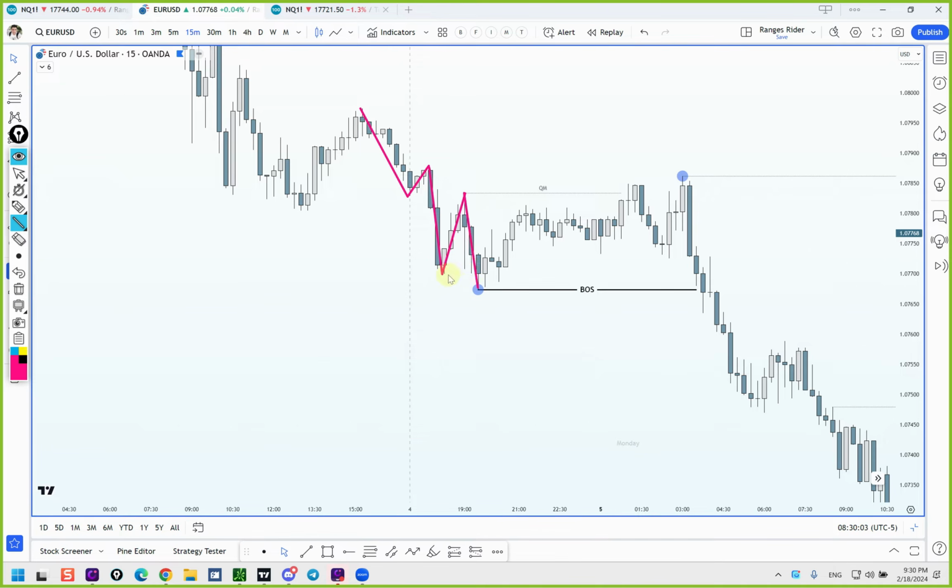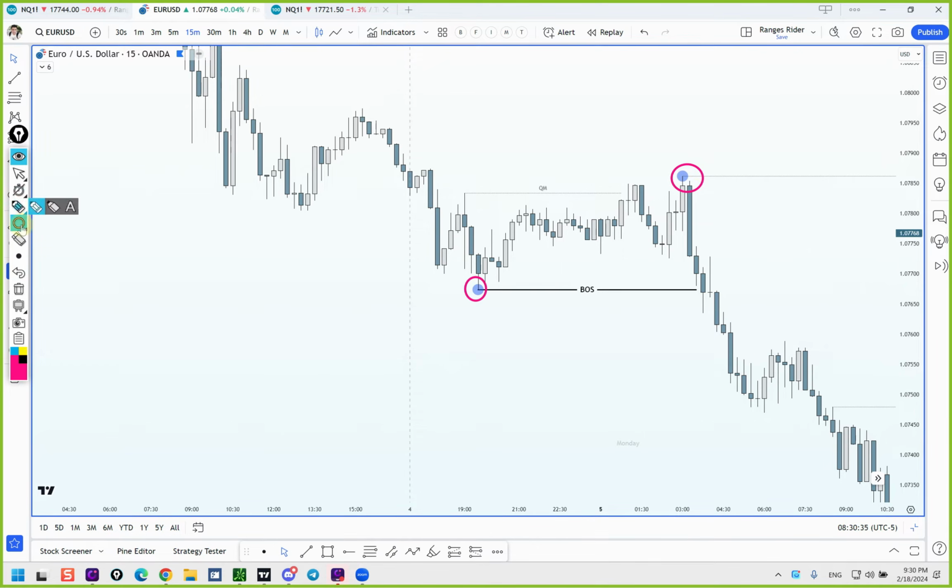We have the liquidity grab, and our QM is confirmed. In this case, I just put my dot here and said my QM is confirmed. The market went up like this and broke the high, so our range is confirmed from here to here.